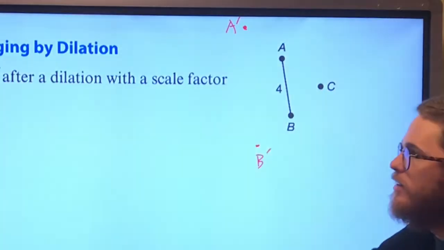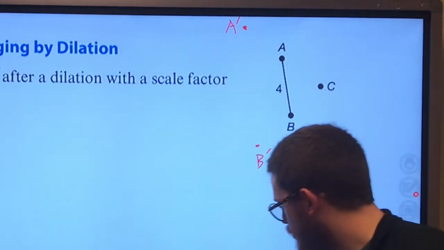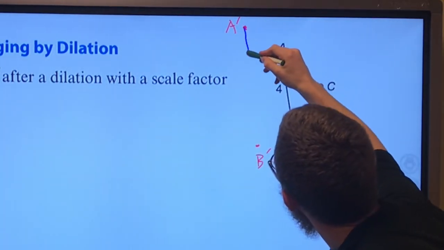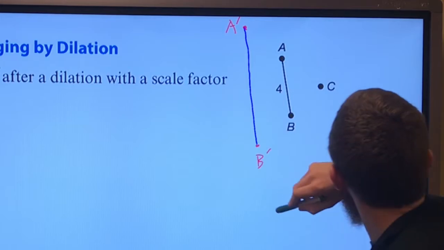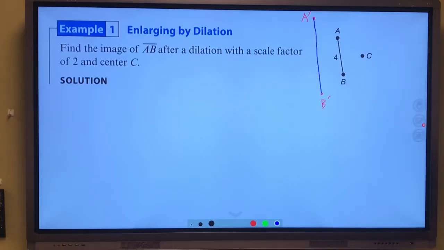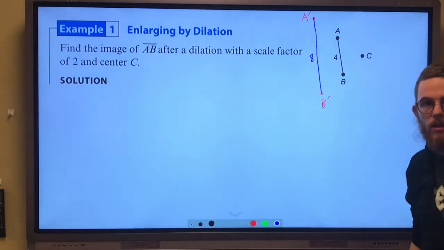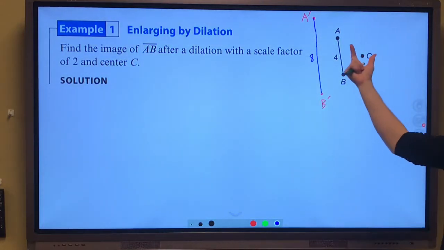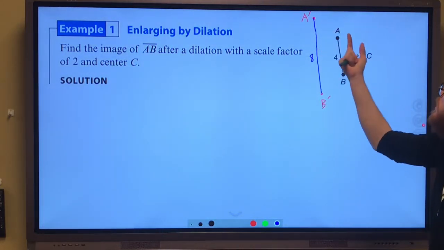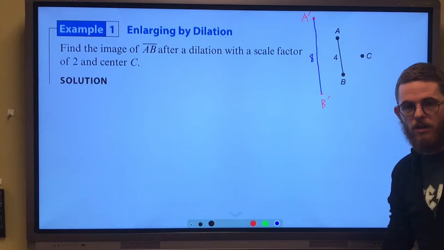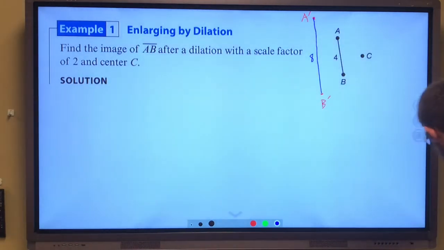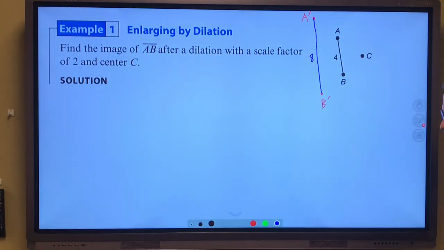I doubled that distance, in this case because the scale factor is 2. So here's my dilated figure. It should have a length of 8, and the points should be twice as far away as they were before. Okay. We got it.